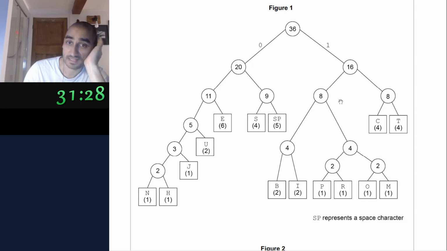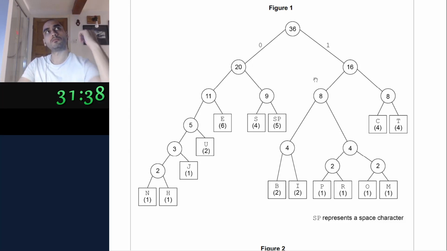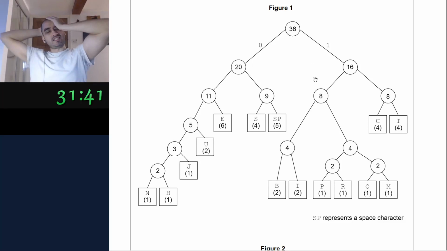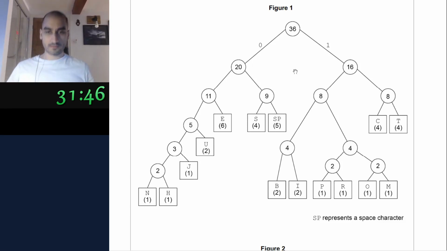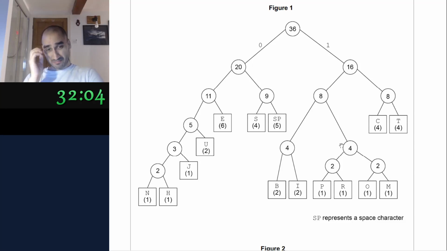And that does seem to be the case here. But how do you even do that? How do you split them as evenly as possible? That's a hard problem in itself. Got 20 and got 16, so we could have moved U over to the other side. Yeah, no, I don't think that's it. I don't remember.